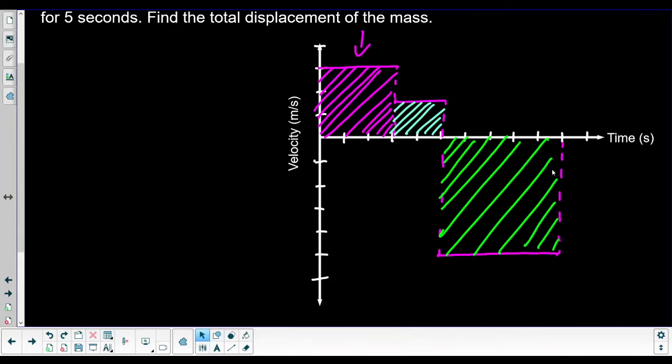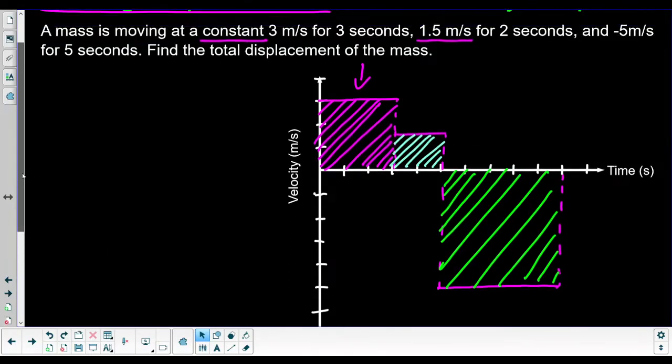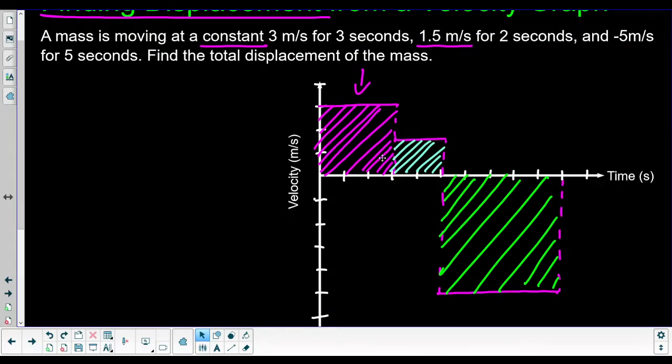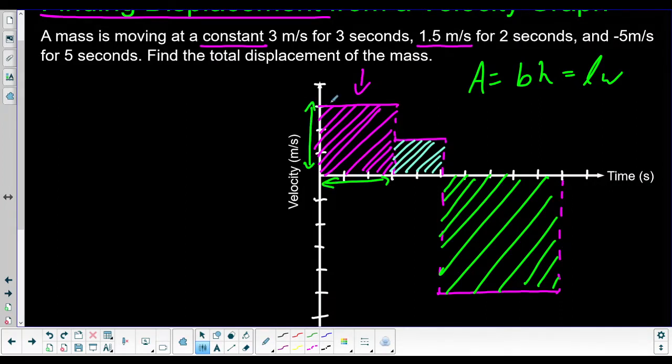So if we look at these 3 areas, these are super nice shapes for finding area. These are rectangles. And we all know that the equation for the area of a rectangle is base times height, alternatively length times width, however you want to say it. It's the long edge multiplied by the other edge. I shouldn't say long. This one's a square, but you know. So we're just going to find the area of these little squares or rectangles.